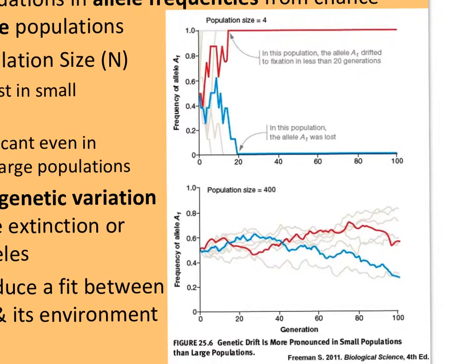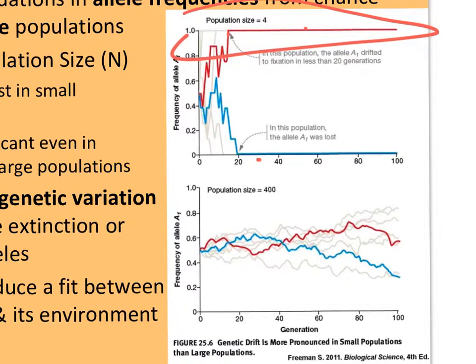On the top, we have a population of size 4. That's a very, very, very small population. The chances of an allele going to fixation up here, that means you have a couple of different populations, and this allele, just by drift, random chance, ends up the whole population goes to A1, or just by random chance, this allele goes extinct and it's replaced by this.